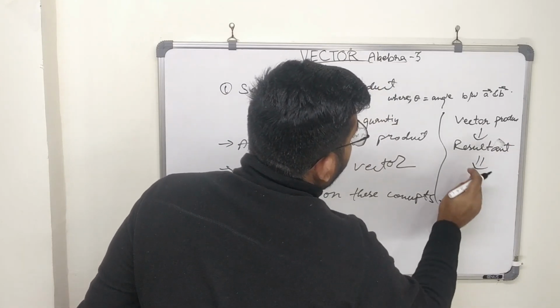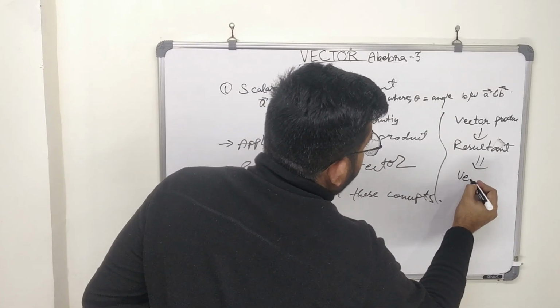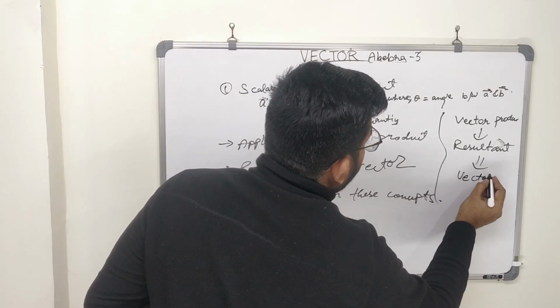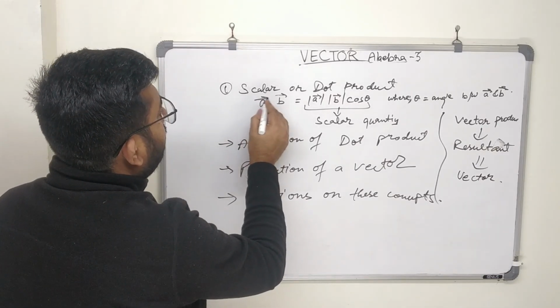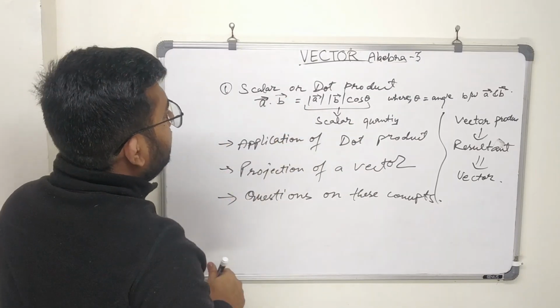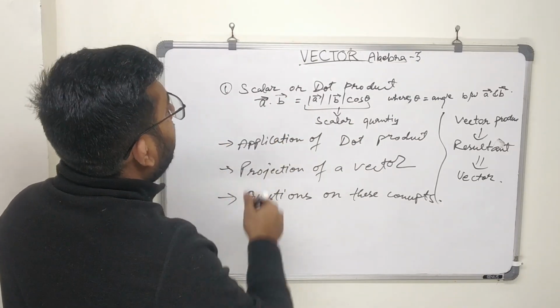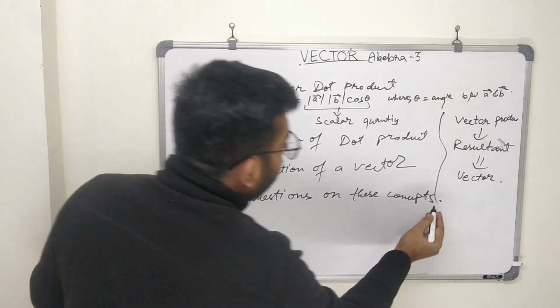The resultant of vector product is a vector itself, while the resultant of dot product is a scalar quantity, so we call it scalar product also. एक दो चीजें और मैं बता दूं आपको.